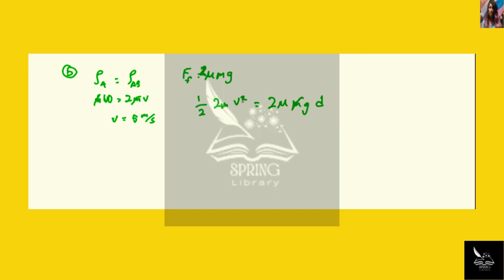The m's will cancel out. This is 2 times 1/2, so those cancel out. We have v squared, which is now 5 squared, so this becomes 25 meters squared per second squared. And 2 mu g times d.